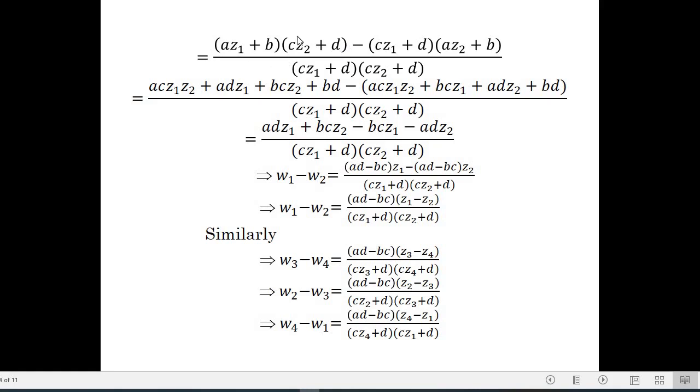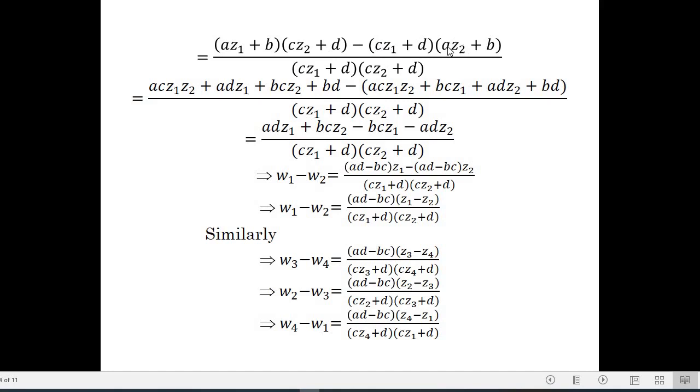Now in the numerator we multiply the two factors. AZ1 into CZ2 is ACZ1Z2, plus AZ1 into D is ADZ1, B into CZ2 is BCZ2, B into D is plus BD. Similarly, for these two, multiply these two factors and multiply by minus.